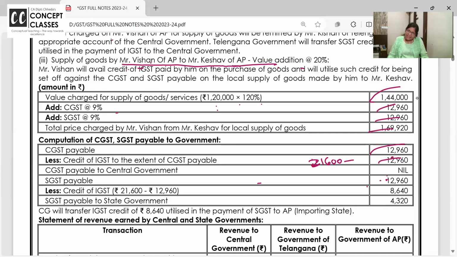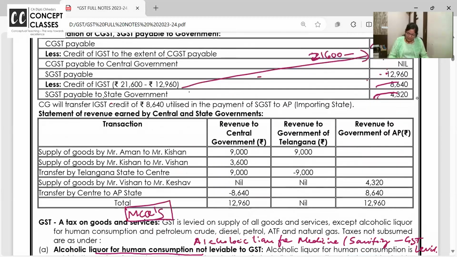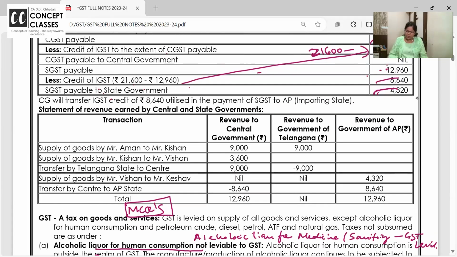But against SGST also, can he set off IGST? Yes. Out of 21,600, 12,960 he has set off in CGST. Remaining balance SGST he will pay because finally it ended in this state, 4,320. This is the gist of how it is going.